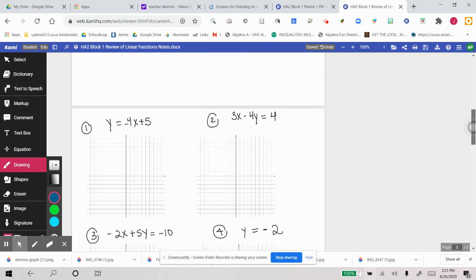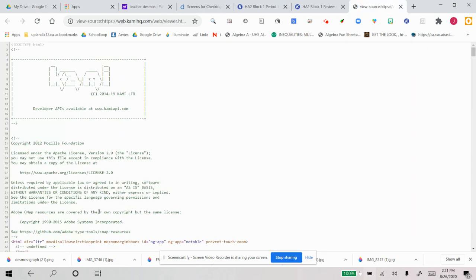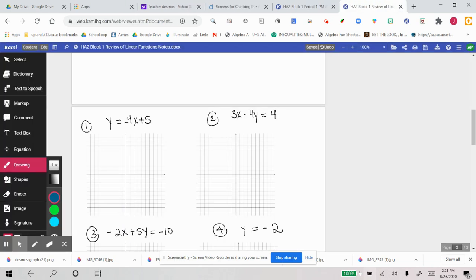All right, I reviewed really quickly earlier how to graph linear functions. Remember, in y equals mx plus b, the first thing you want to do is get it in y equals mx plus b form.